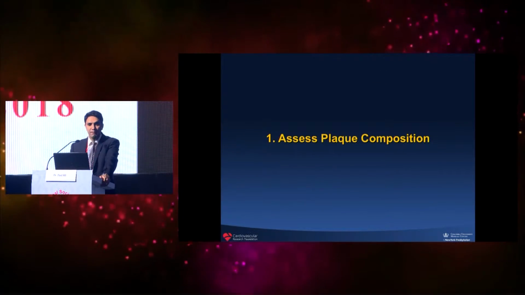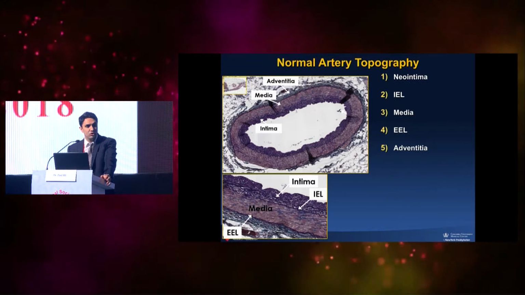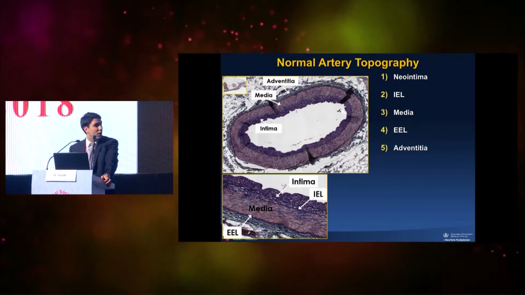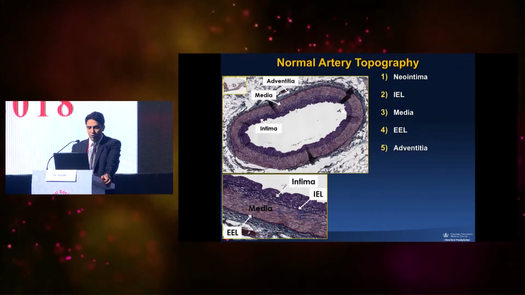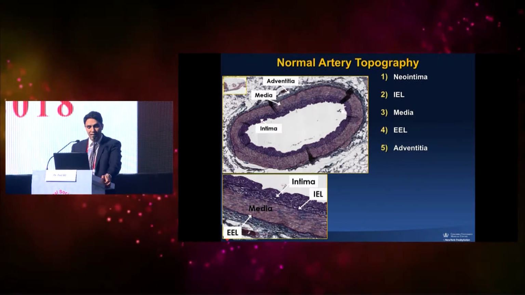Let's start with assessing plaque composition. In order to be able to understand plaque composition using any intravascular imaging modality, I think it's very important to first understand the different layers of the artery wall. The innermost bright purple layer is the intima.